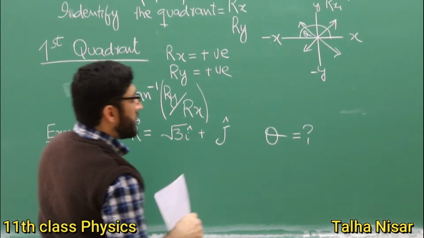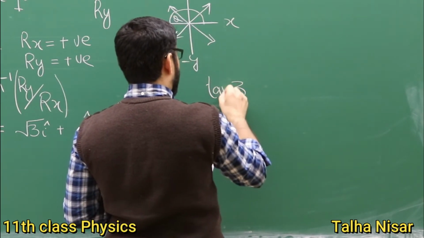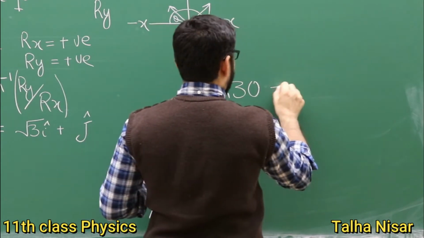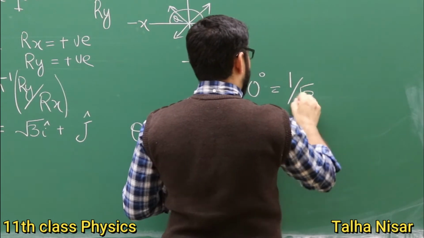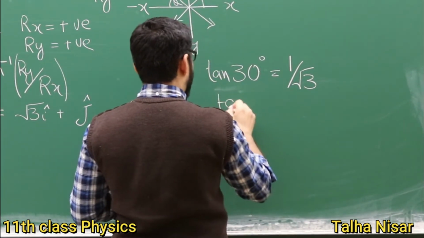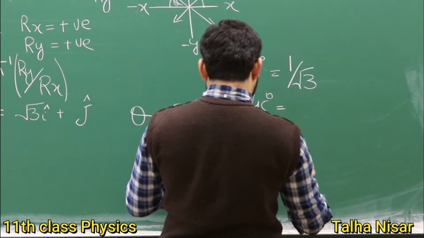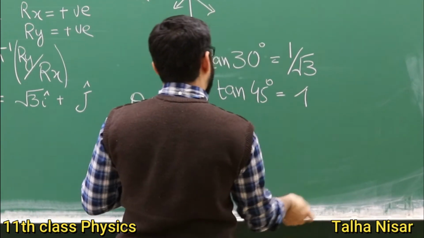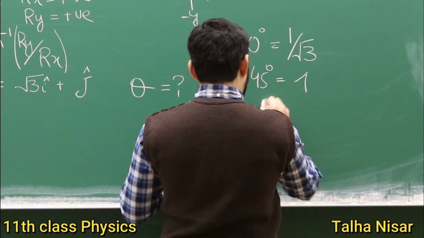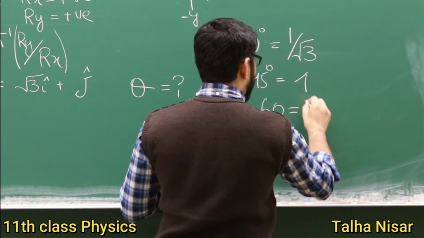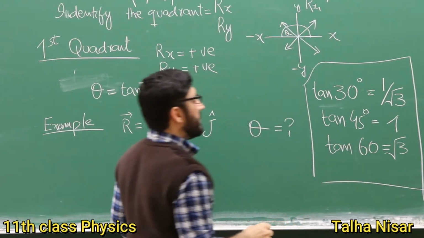So for that we will try three different angles. We have the tangent of 30 is equal to 1 by root 3, and tangent of 45 degrees is equal to 1, and tangent of 60 is root 3. So we will try these three different angles.